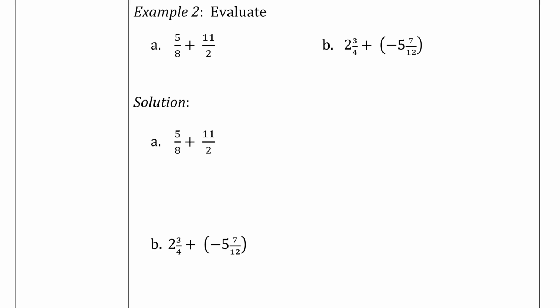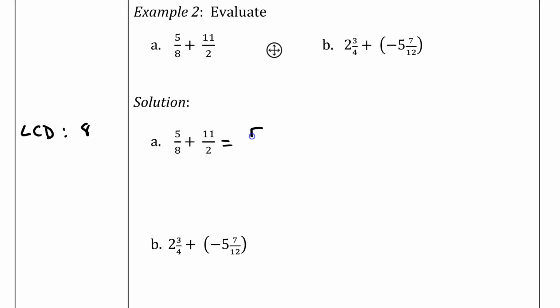Example number 2, evaluate. First things first, we have 5 over 8 plus 11 over 2. We can do a little happy dance of joy here because the 11 over 2 is already in improper form, which is what we want to use when we're adding and subtracting. I notice that the denominators here are 8 and 2. The lowest common denominator between 8 and 2 is, you guessed it, 8.